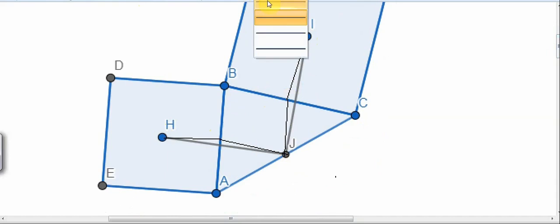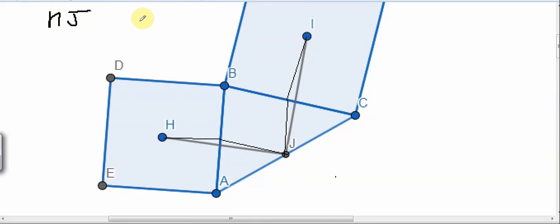Our task is to show that HJ is equal to IJ. This is what we will show. So this is perpendicular, this is also perpendicular.